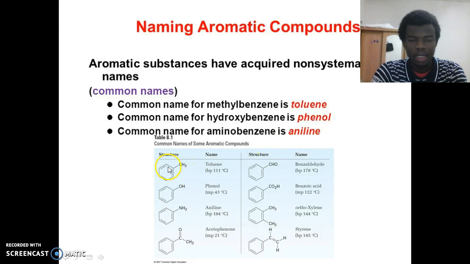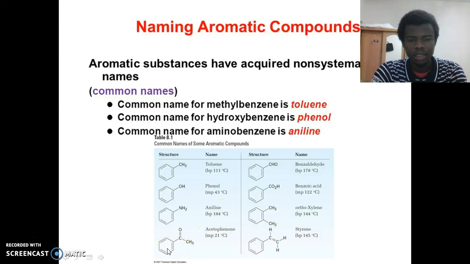Now here, a benzene with a methyl substituent attached to it is called toluene. A benzene with a hydroxyl group, that is OH, attached to it is called phenol. A benzene with an NH2 group attached to it is called aniline.